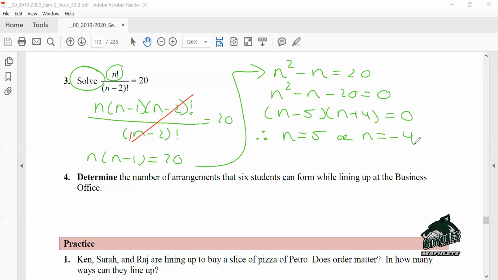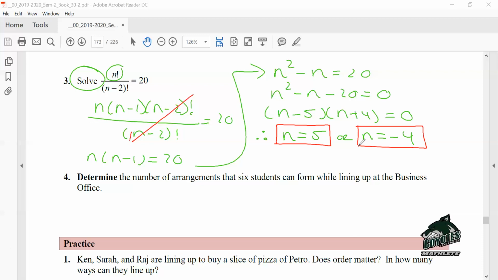Now, I need you to stop and think here for just 1 second. This is important. N is the number of objects that I'm arranging, that I'm putting in a row, say. I can certainly put 5 objects in a row. Can I put -4 objects in a row? Well, that doesn't make sense. I can't arrange -4 of my friends.